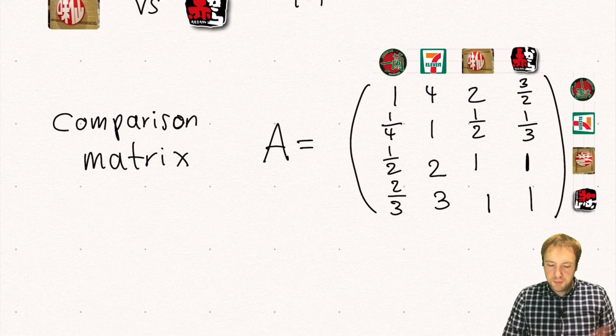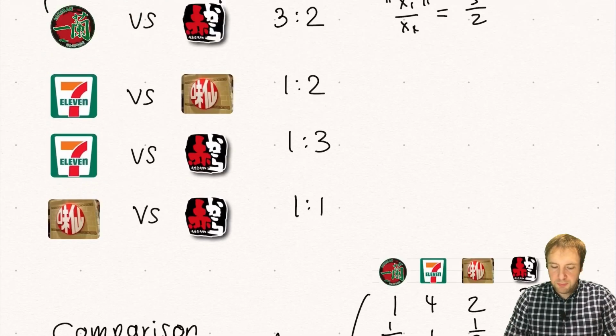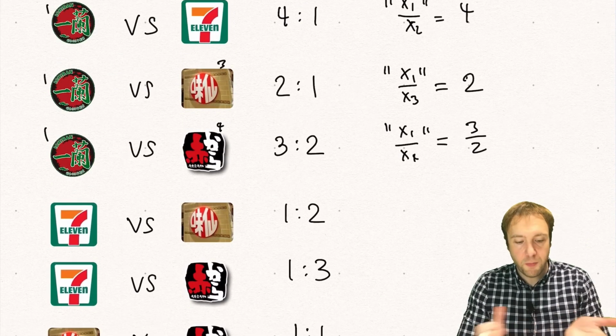Okay, so this is now a matrix which comes from a pairwise comparison of objects.